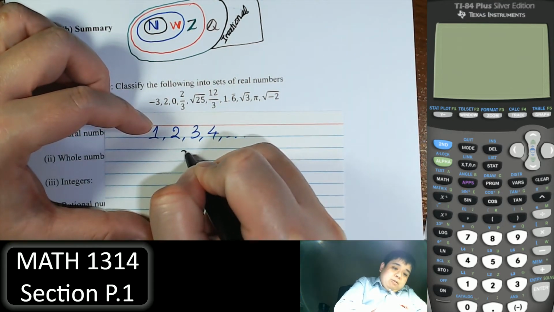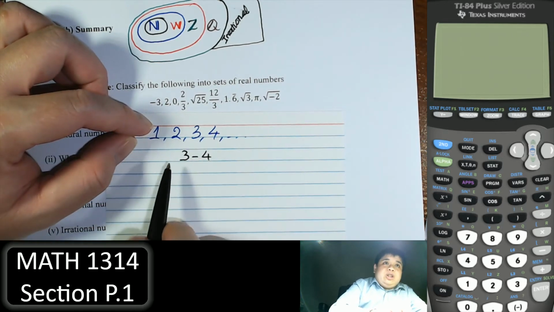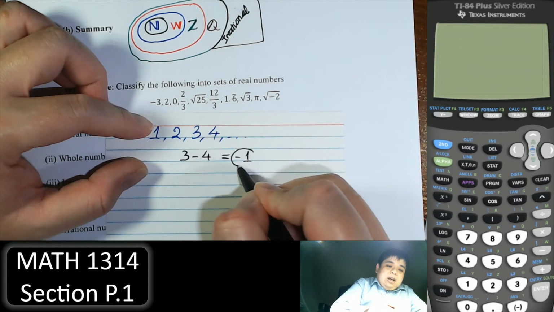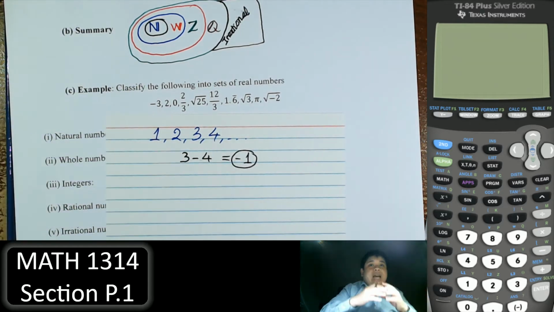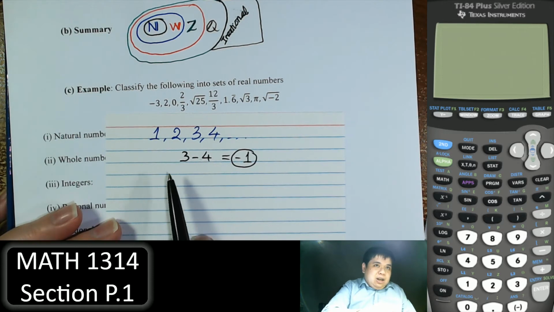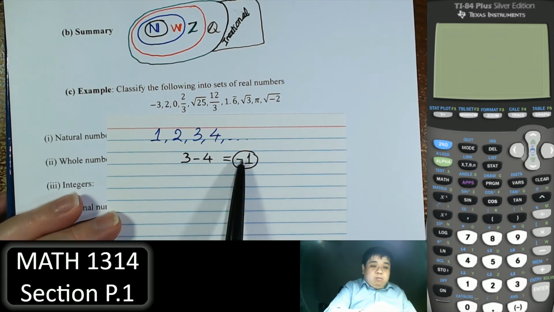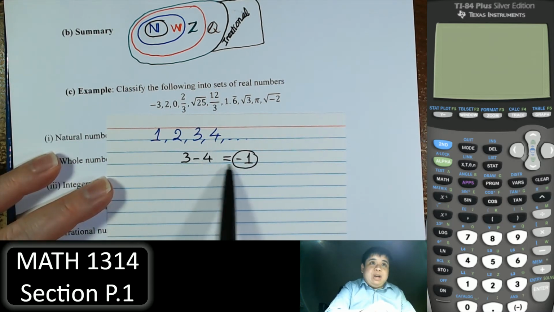Let's say we have 3 and we subtract 4. When we subtract 3 minus 4, we have -1. And -1 does not belong to this set. So in that case, we have to make the set bigger. 1, 2, 3, 4, 5 is not enough. The numbers are not enough to have all of those calculations. So in order to accommodate subtraction, we have to have all the negatives.